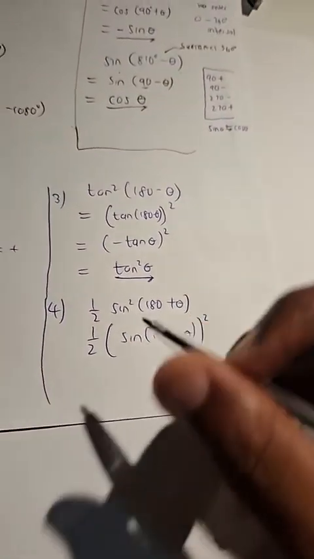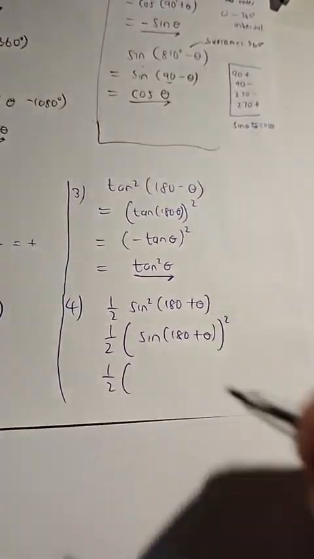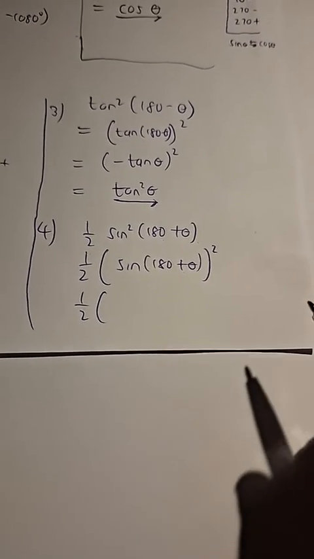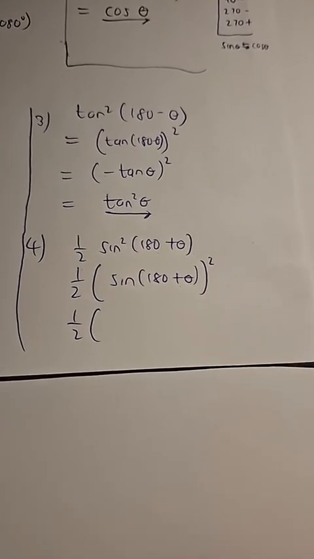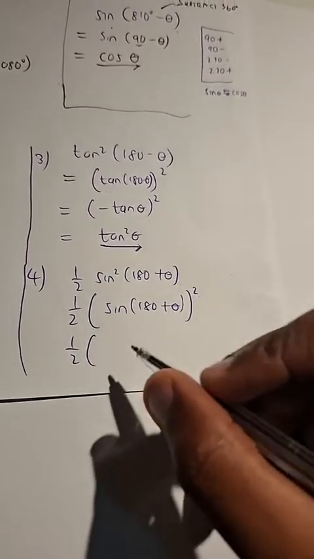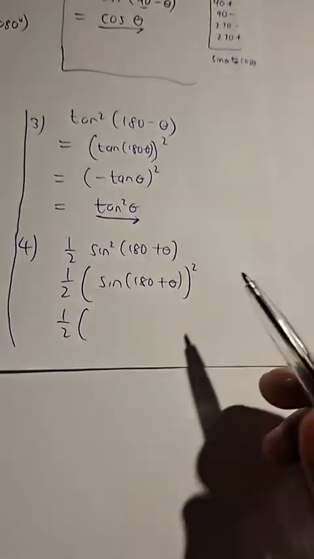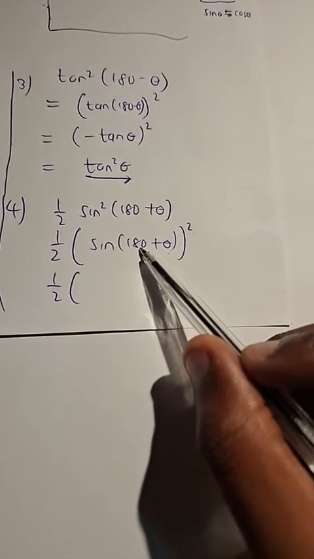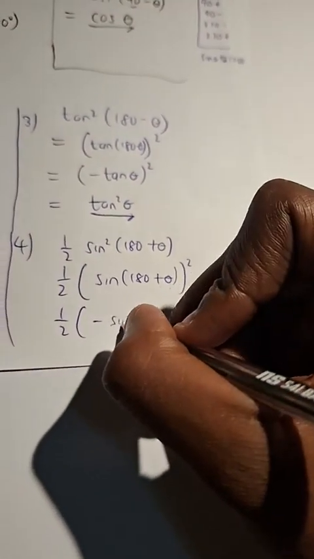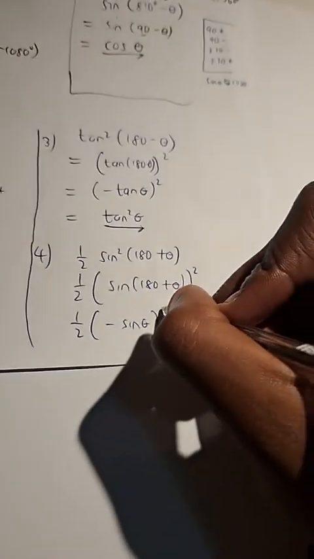We evaluate the trig ratio whilst the half is out there in the cold, waiting, pleading to come inside, but not allowed any admission, because only the square will be applied to the trig ratio. So evaluate 180 plus theta. 180 plus theta is in the third quadrant. How is sine in that quadrant? It is negative. So we have negative sine of theta.